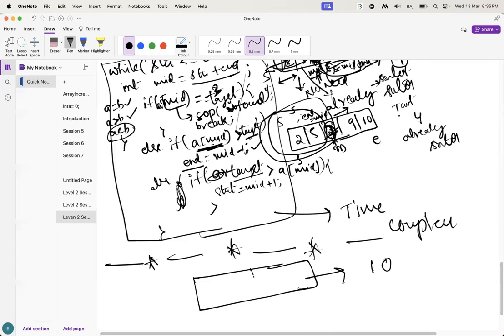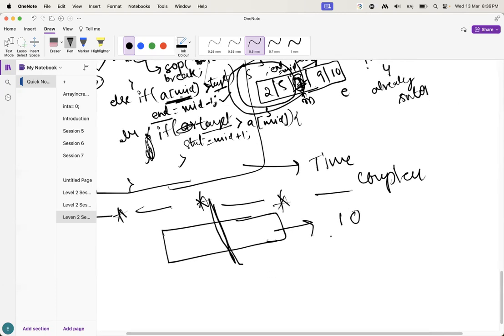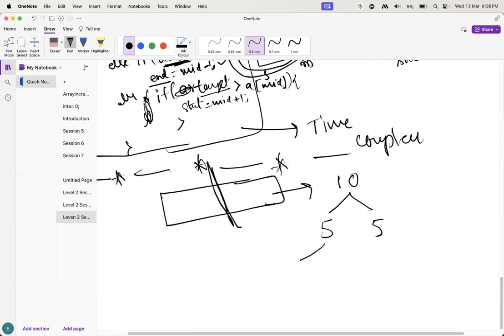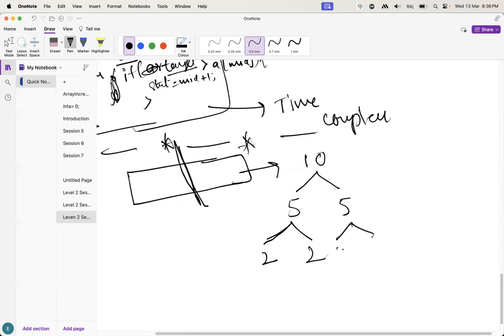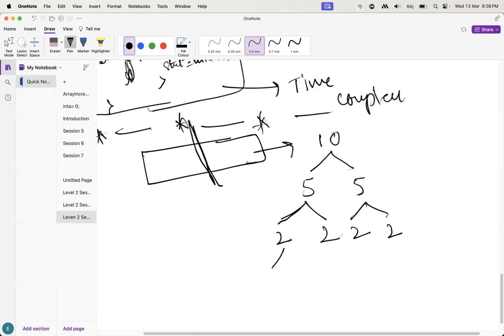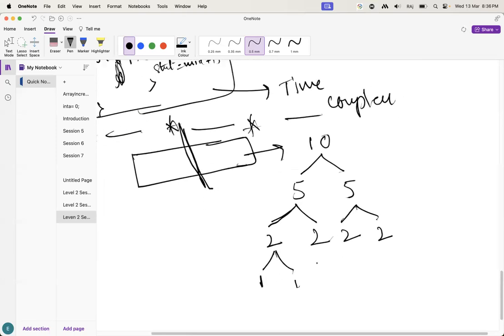That means anyway we are going to be exactly making it half, right, guys? Initially 10. Now 5 elements. After 5 elements, what we are doing? We are doing like 2 elements. Right, guys? Next 1.